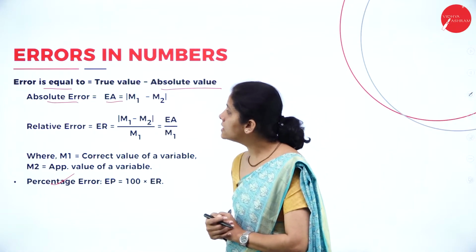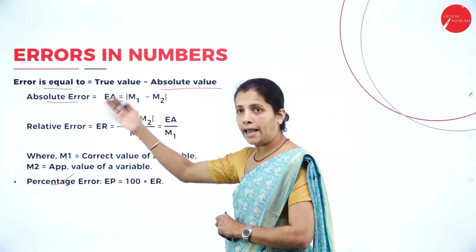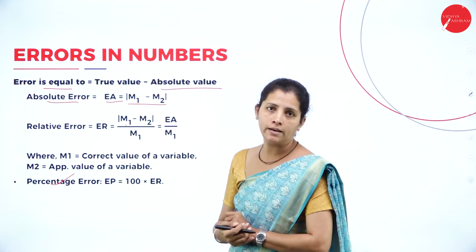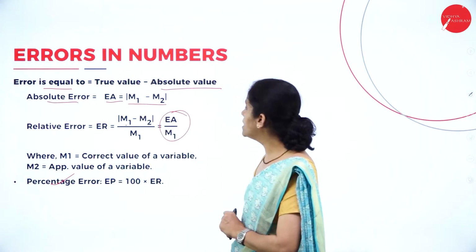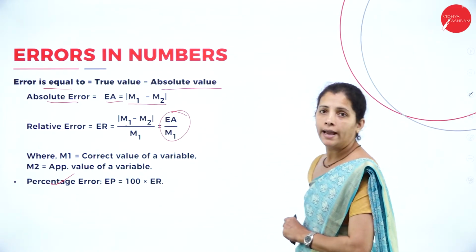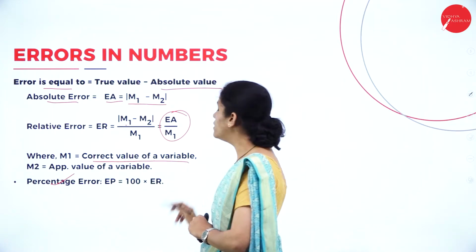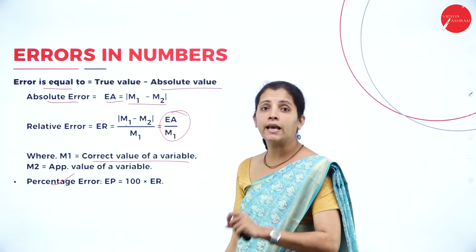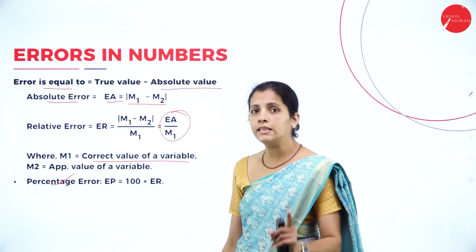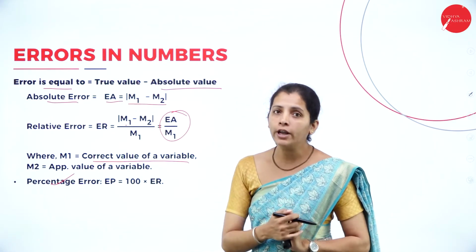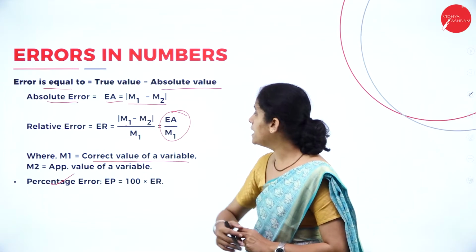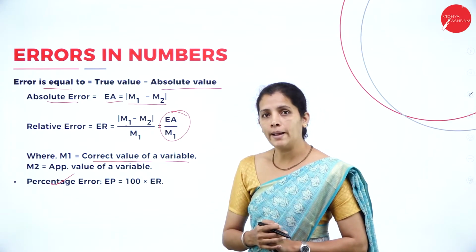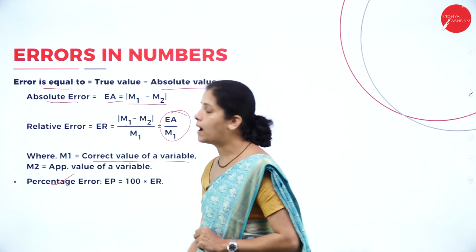Relative error is the absolute error divided by M1, that is EA divided by M1, where M1 is the correct value of a variable. M1 is always the exact value, and M2 is the approximate value.